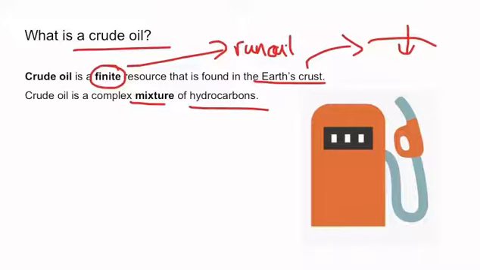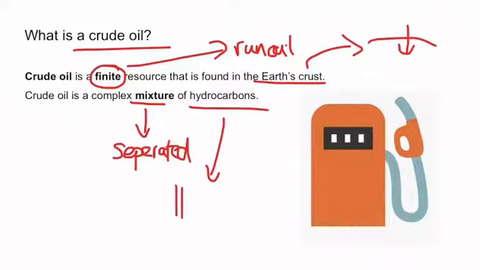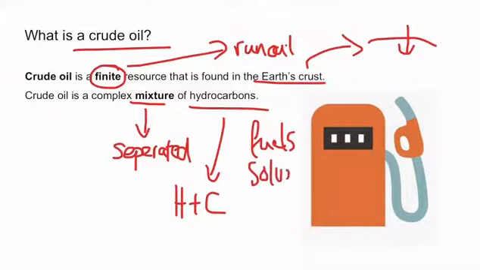What this means is that because they're a mixture, they can easily be separated using our separation techniques, and we will be discussing that later. And because they're hydrocarbons, they are only made out of hydrogen and carbon atoms, nothing else. In terms of everyday uses of crude oils, we usually use them for fuels, solvents, and lubricants for some machinery.